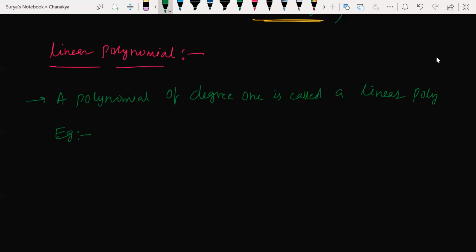Example: x plus 2, 3x plus 4, root 3 x minus 5, etc. Any one variable should be there, and the degree of the polynomial should be 1. That's it. That is a linear polynomial.